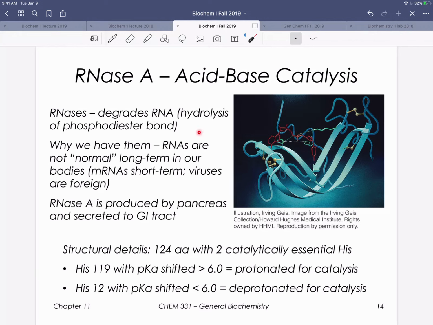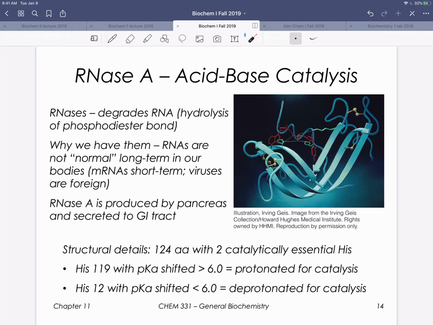So why do we have them? Big picture concept is that RNAs are not supposed to be long-term passengers in our body, right? Messenger RNAs, when we're doing transcription of genes to translate into proteins, usually are fairly short-lived. Viruses are foreign, so your body is well equipped to recognize RNA as a transient species in your body and has lots of mechanisms to get rid of it.